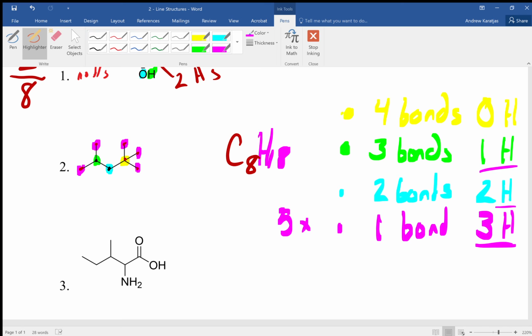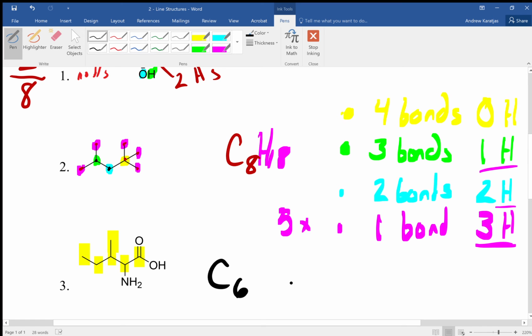So again, we can count up the number of carbons. And we have 6 total carbons. Again, I can do the nitrogens and oxygens. Those are easy. There's 1 nitrogen and 2 oxygens.